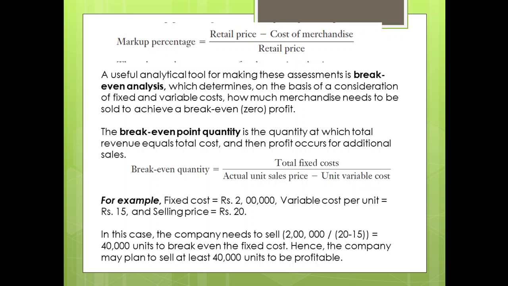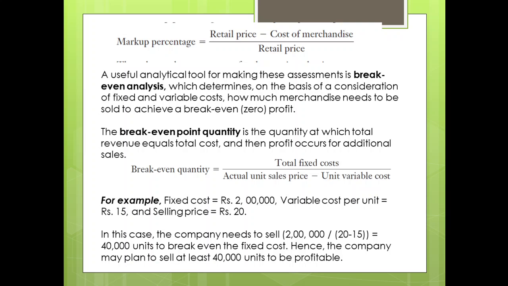So the break-even point quantity is the quantity at which the total revenue equals total cost, and then profit occurs for additional sales. For example, if we're looking at fixed cost, just an example, at 200,000 and variable cost per unit as 15, selling price at 20 rupees. In this case, what does the company need to sell?